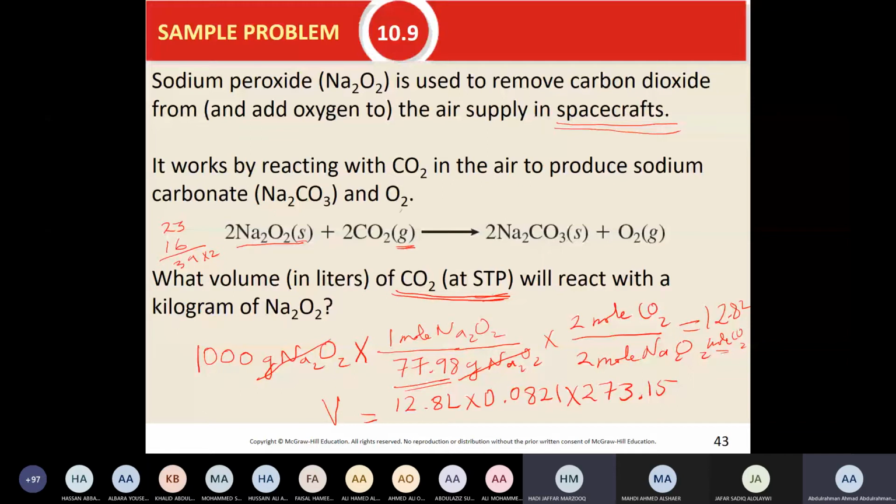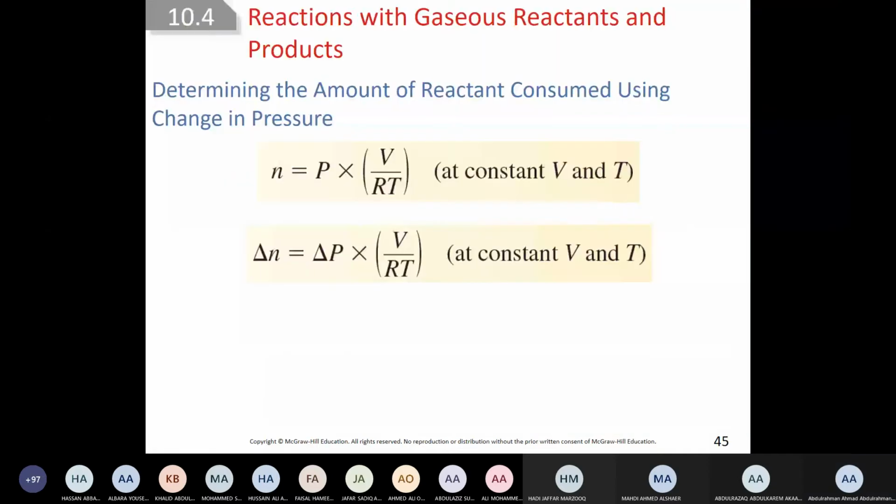All of this divided by what? 1 atmosphere, because it is STP. Quickly, give me what's the volume? 287.4 liter. Is this clear? I hope so. Good. Okay.